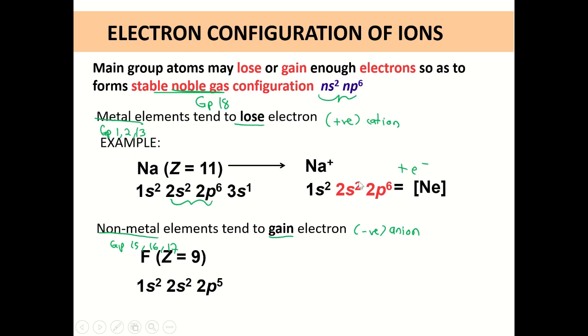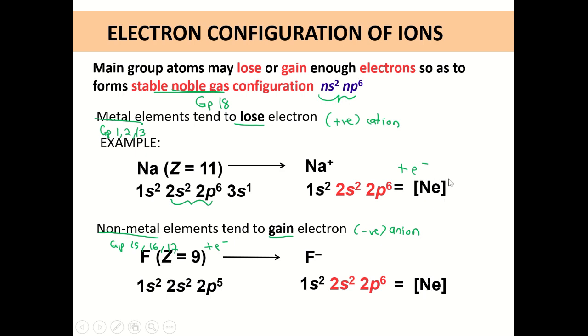In order to achieve stable noble gas configuration, it needs to add one more electron into the 2p orbitals. So that means fluorine is going to accept one more electron, forming F-. Therefore, this is the new electronic configuration for F-, which is equal to the electronic configuration of neon.